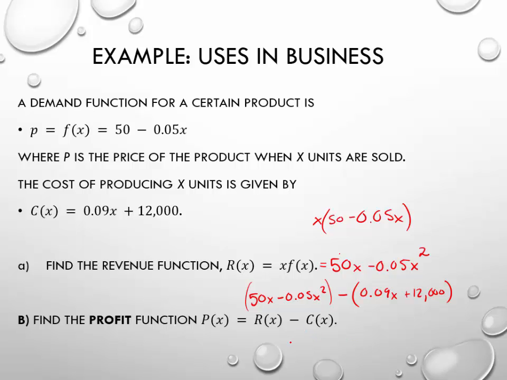And we should get the profit function to equal, it looks like it's going to be negative 0.05x squared plus 49.91x minus 12,000.